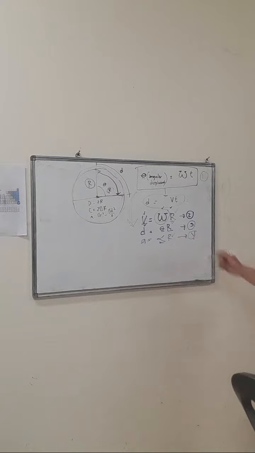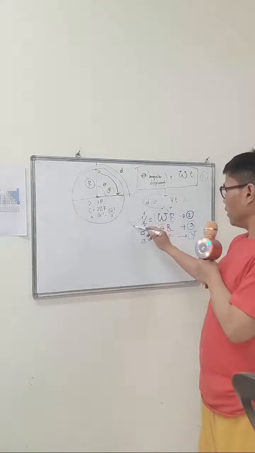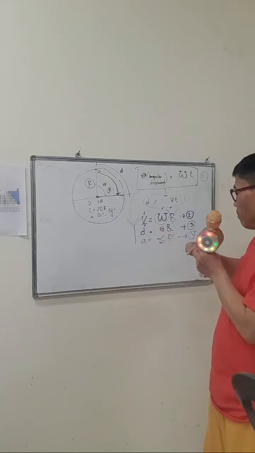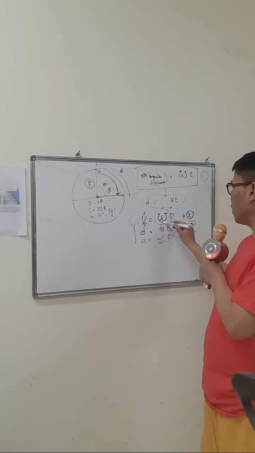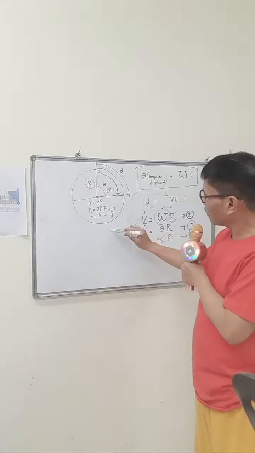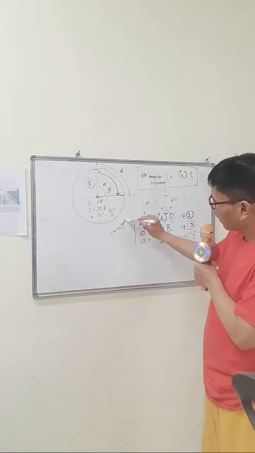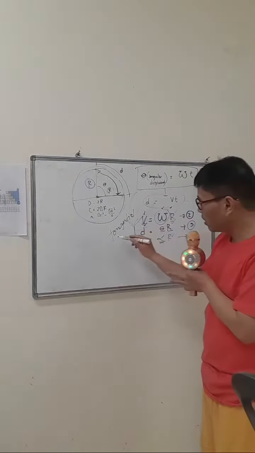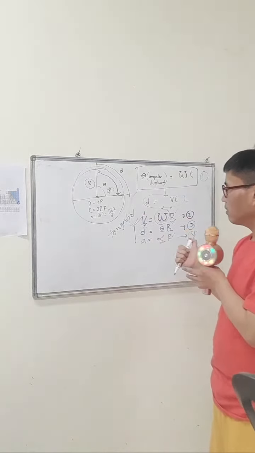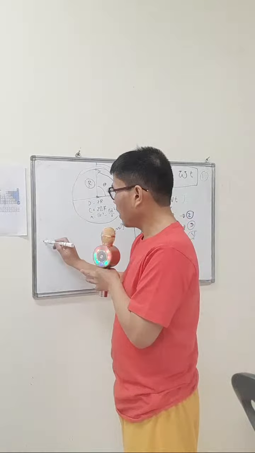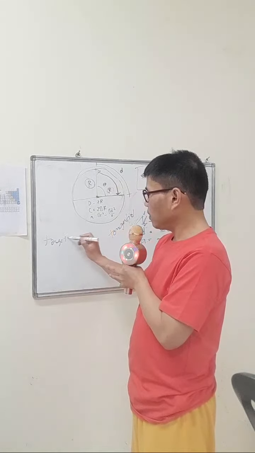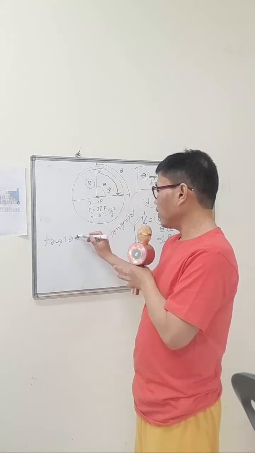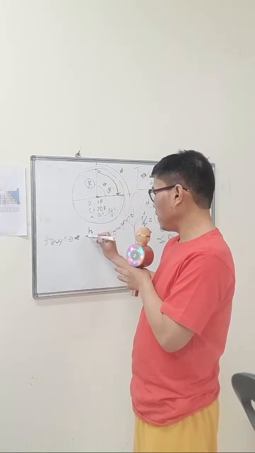Now, this v, d, a is supposedly linear, but since you account for the angular, it will now become tangential. Tangential, meaning it creates a rotation to produce a hypotenuse, a base, and a height. This is from the word tangent. Tangent theta is equal to the opposite side over the base.